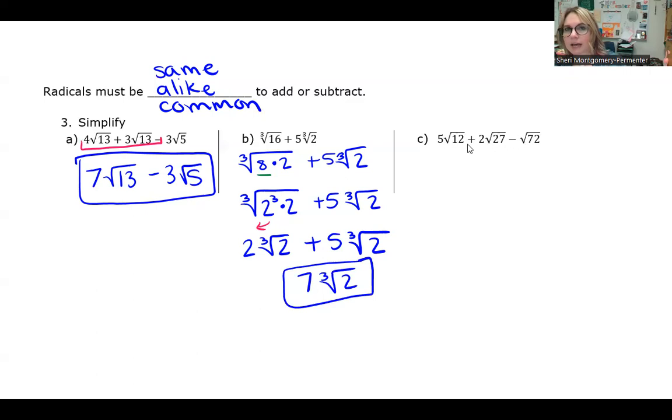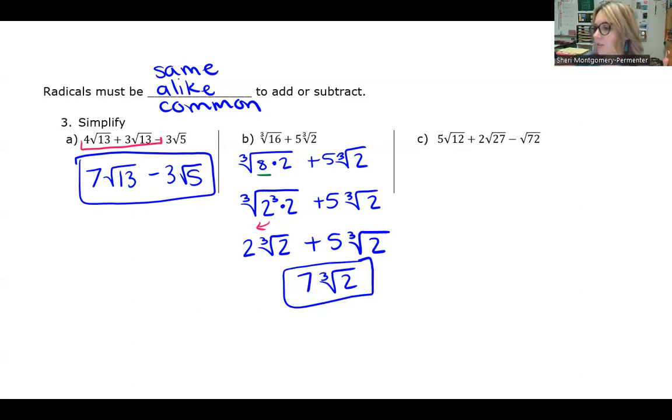For the last one, I have 12 and 27 and 72. Well, I'm going to have to look through each one and see if I can reduce them. So for the first one, these are all square roots. So I'm looking down that square column. Square root of 12, square root of 27, square root of 72.